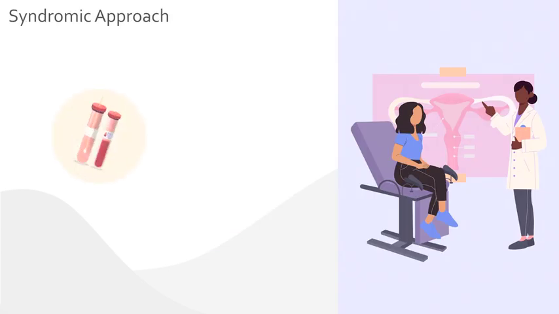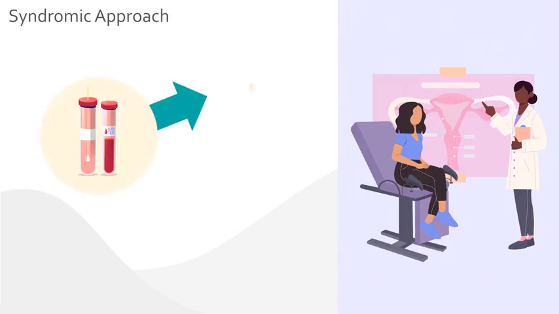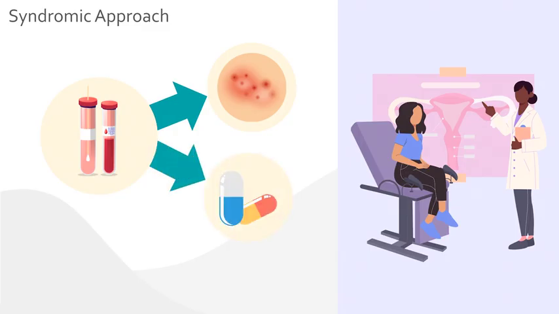A syndromic approach is based on the identification of consistent groups of symptoms and easily recognized signs or syndromes, and the provision of treatment that will deal with the majority or most serious organisms responsible for producing a syndrome.